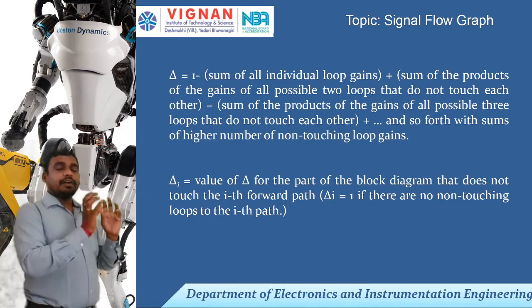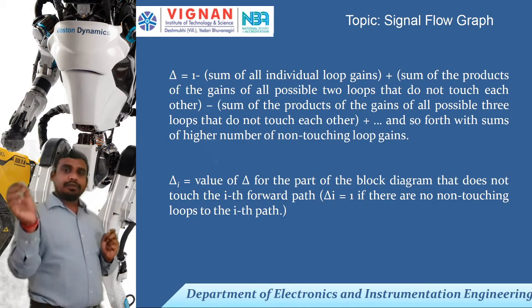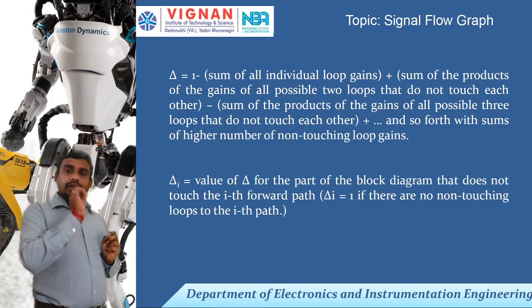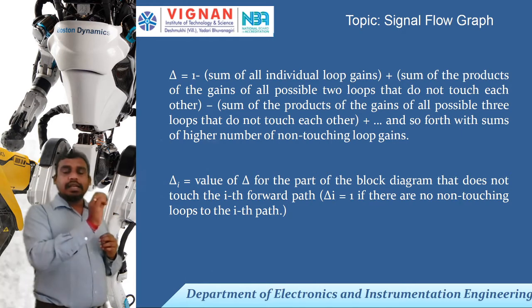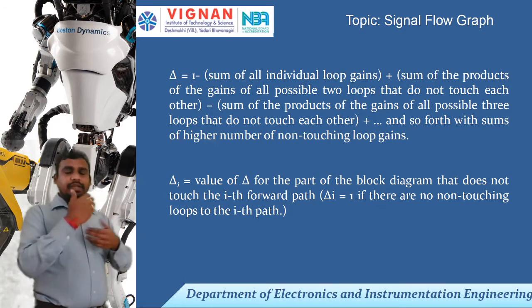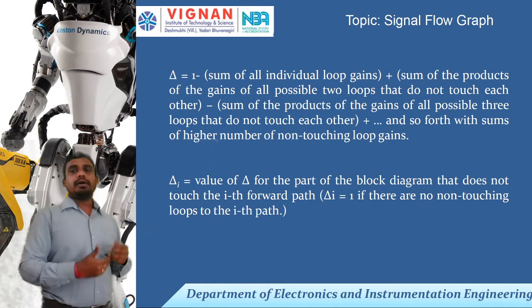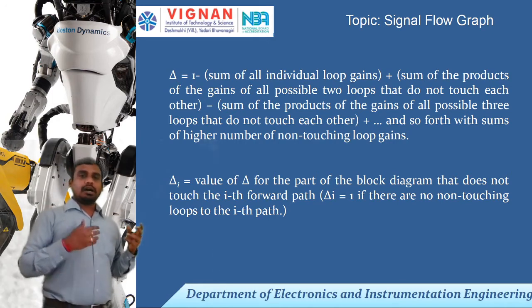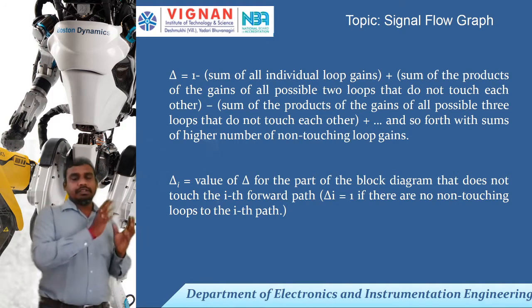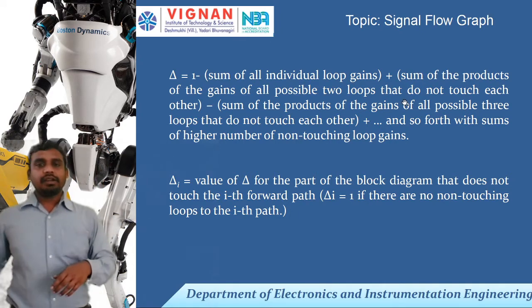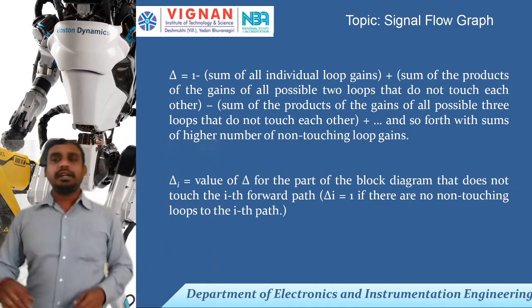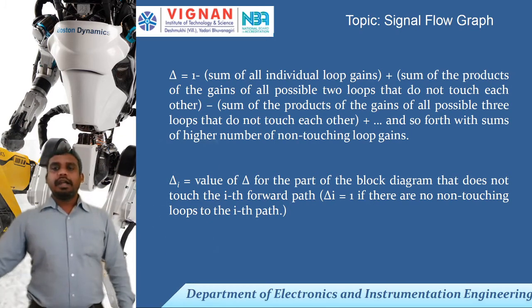If you are considering a certain forward path and there are loops not touching it, only those loops should be considered when calculating Del i. Once we jump into solving a signal flow graph problem, you will understand these terminologies with respect to the problem. We'll start deriving a transfer function and proceed further, obtaining a transfer function using a signal flow graph.